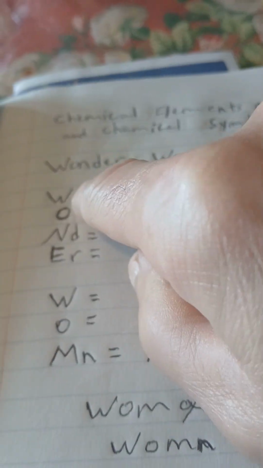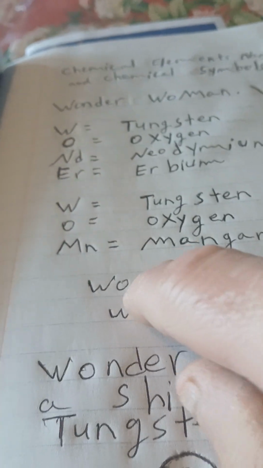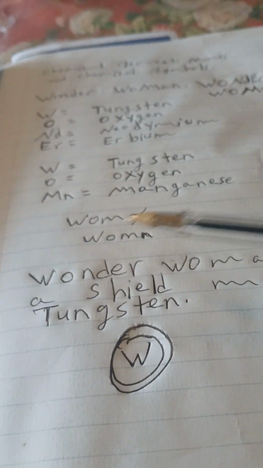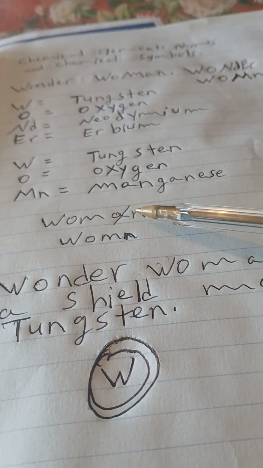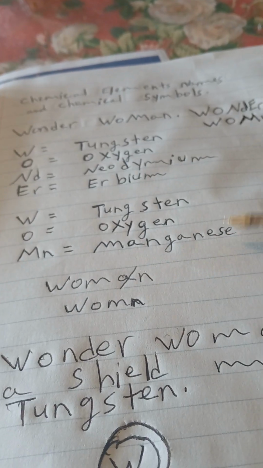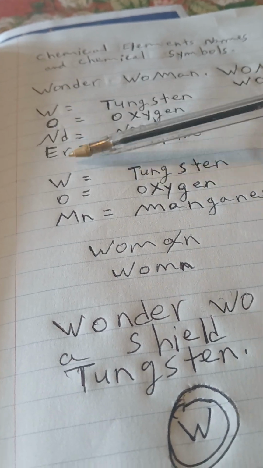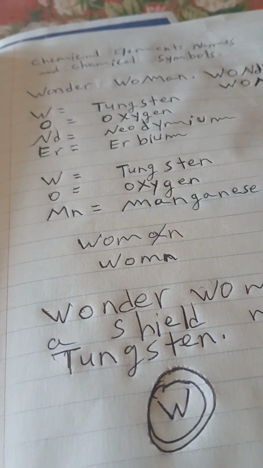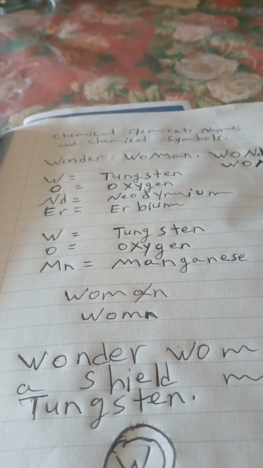But you have to know how to write the chemical symbols in the word Wonder Woman. Remember, you have to take away the A. Okay, so you have a capital M and a small n for manganese. All right? So how many chemical symbols do we have? We have 1, 2, 3, 4, 5, 6, 7 chemical symbols that come from the periodic table of elements.